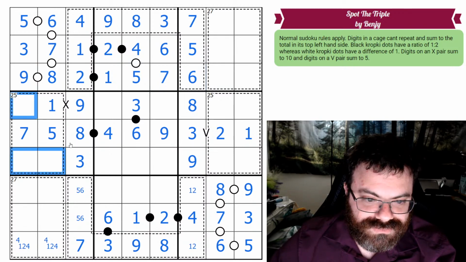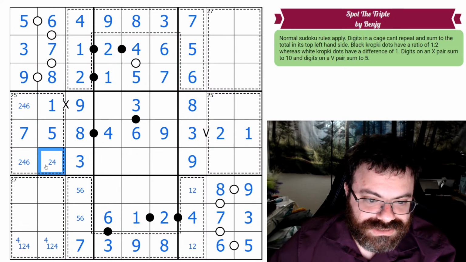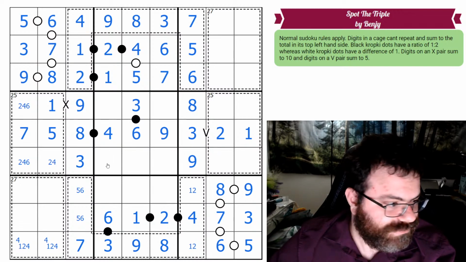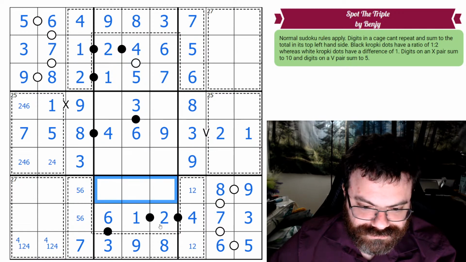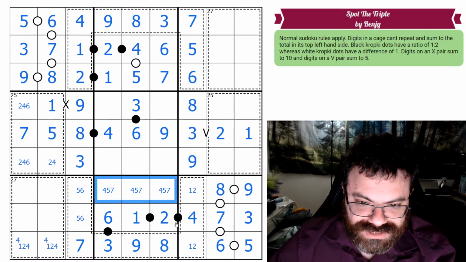Right, these three. We have 1, we need 2, 4, 6, and 8. Oh, that's too many. Not an 8. 6 doesn't go here. That's all I see there. 4, 5, 7.